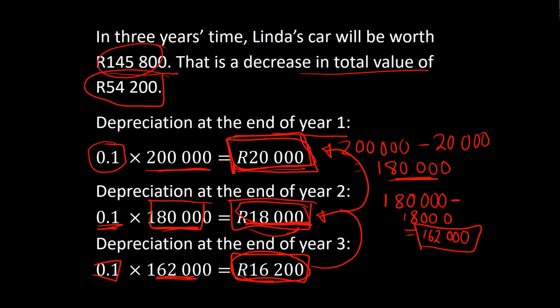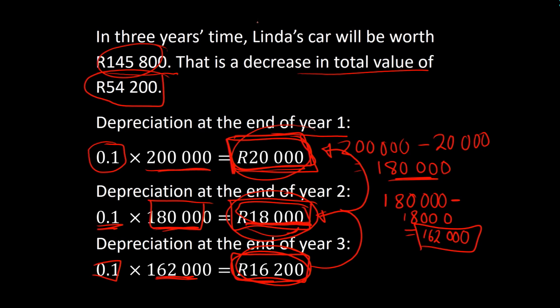Now guys, when you add all of these values together, so when you add 20,000, 18,000 and 16,200 Rand altogether, what do you think that amount will be? Well, we're talking about depreciation over 3 years, and we saw that Lesejo's car, we keep changing her name, in 3 years' time was going to be 145,800. It had reduced in value by 54,200 Rand from its original amount of 200,000.